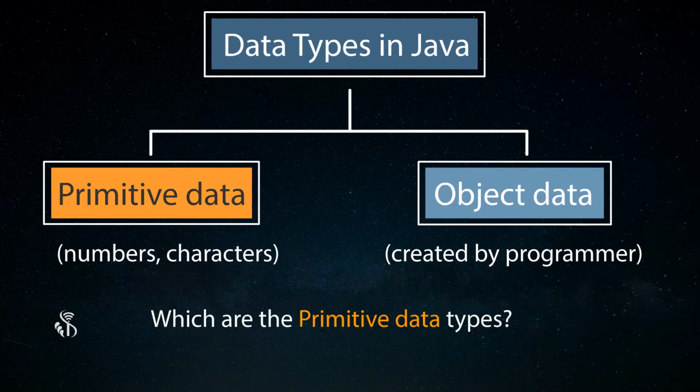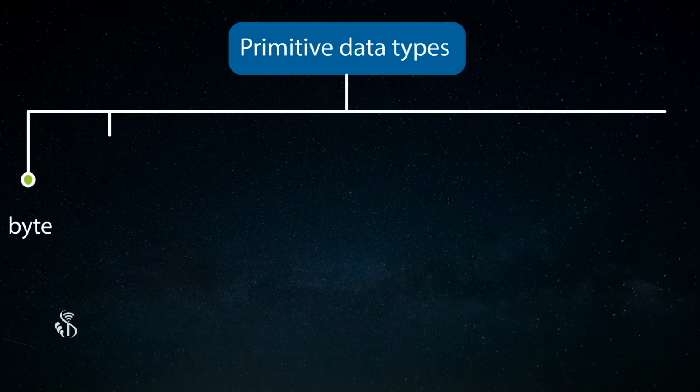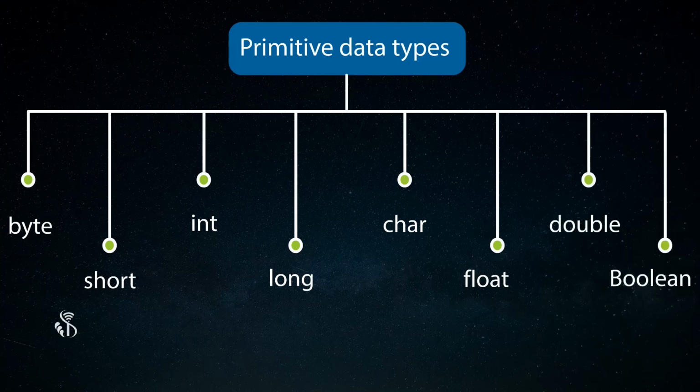So, which are the primitive data types? There are 8 types: byte, short, int, long, char, float, double, and boolean.